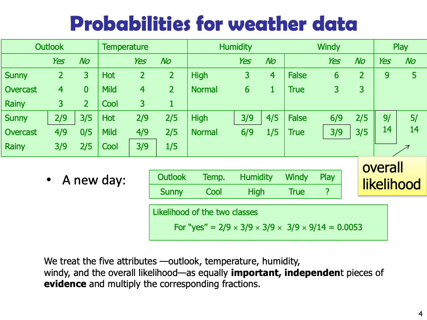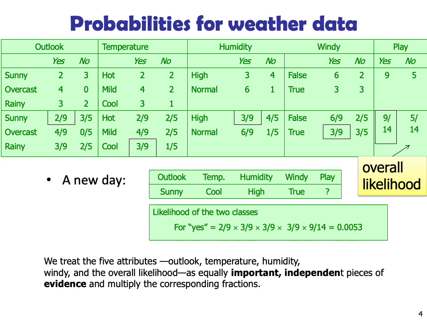So you multiply them, and at the end you also multiply the overall likelihood of the class, which in this case is the overall likelihood of class yes, which is 9/14, okay? So now I have the likelihood of class yes equals 0.0053.